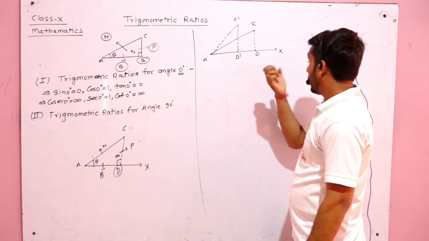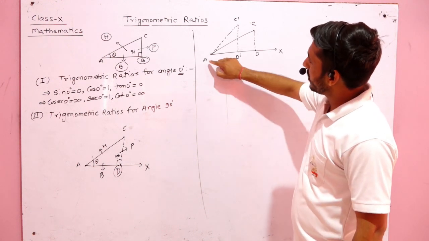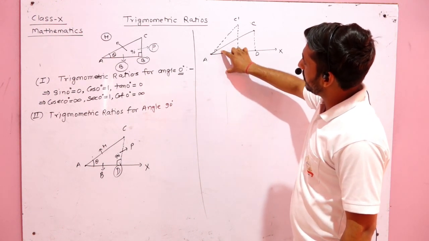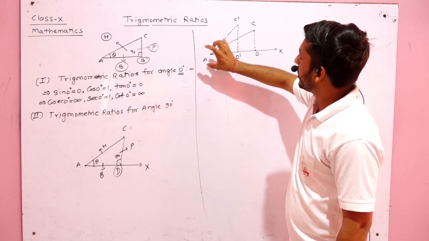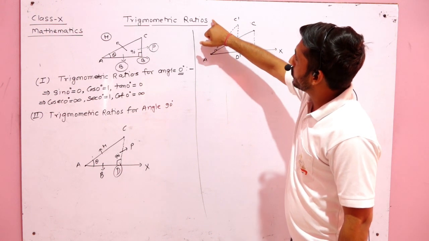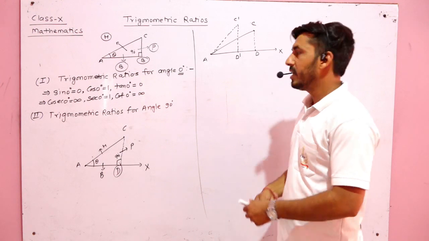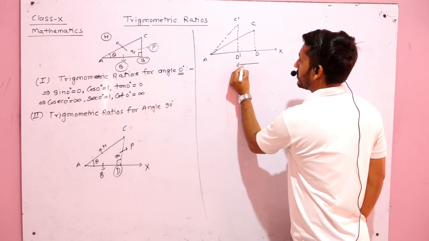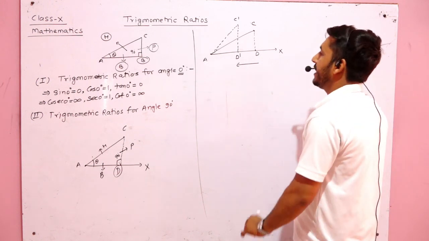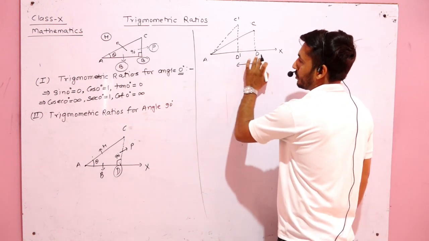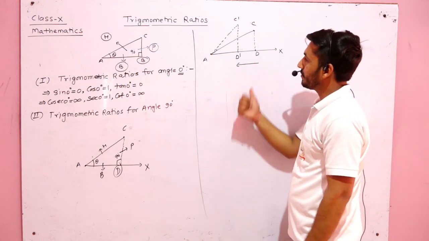If I am moving this angle towards 90 degree, you can see C dash is moving towards this side and D dash is coming towards A. This point is coming towards A, and the distance AD is decreasing, you can see from here.